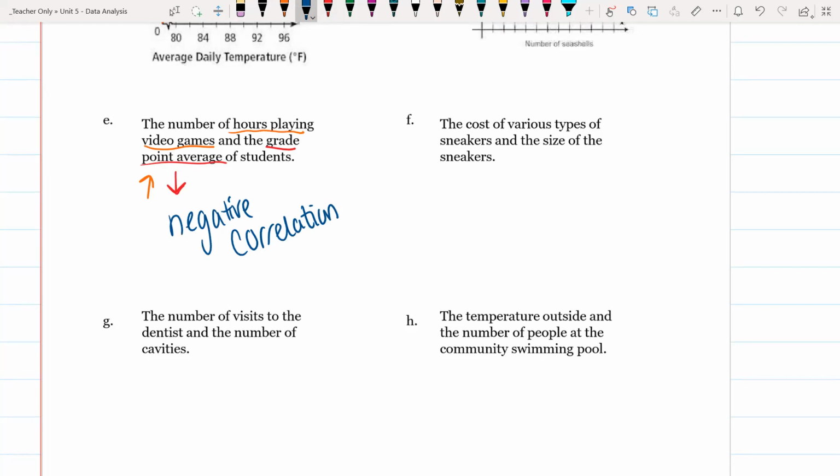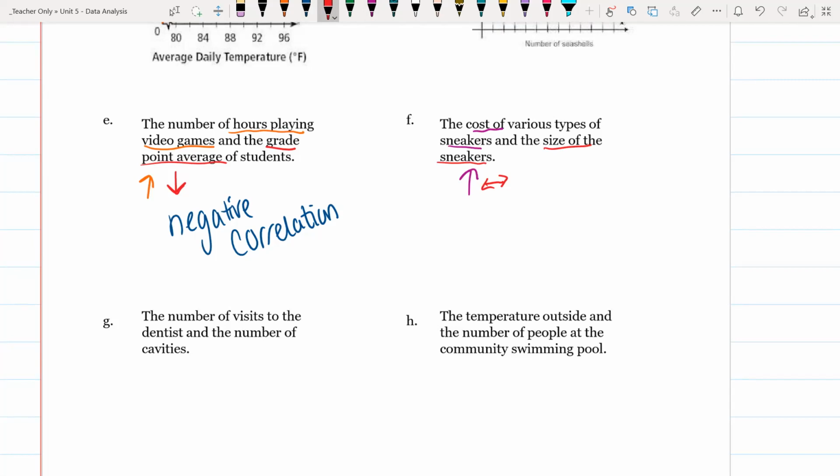Let's look at F. So the cost of various types of sneakers. So as the cost of sneakers goes up, do you think the size of the sneakers makes it go up? No, right? There's really no, we don't know that, right? So if you have to special order it, then obviously yes, but it's various types of brands.